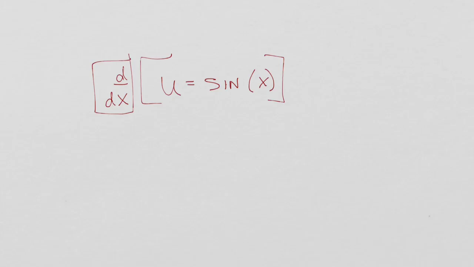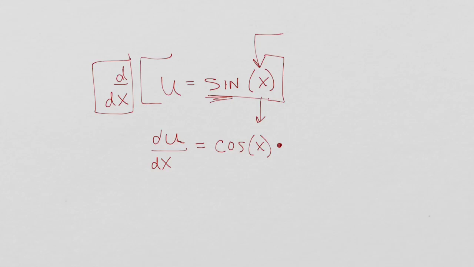And if I were to go through and do that for this equation, I would end up with the derivative of u with respect to x, which is du over dx, and then that would equal the derivative of sine of x, which is cosine of x. And then remember that technically what we're doing here is we are doing the chain rule. So I'm taking the derivative of the outside, evaluated at the inside, times the derivative of what's inside. And the derivative of what's inside in this case is dx over dx.